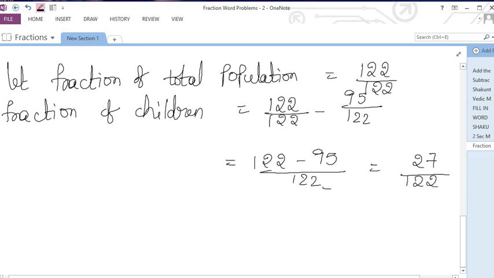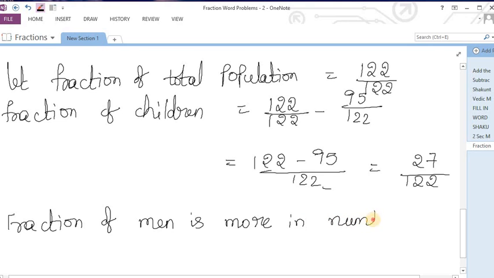So which is more in number by seeing the fractions? Yes, fraction of men is more in number. Nothing but out of 122 members, 60 members are men and 35 members are women and 27 members are children.